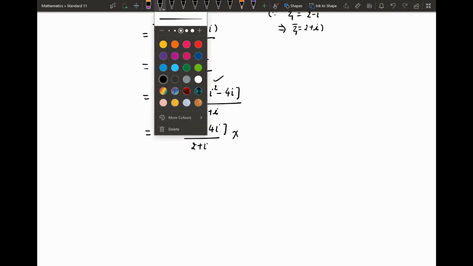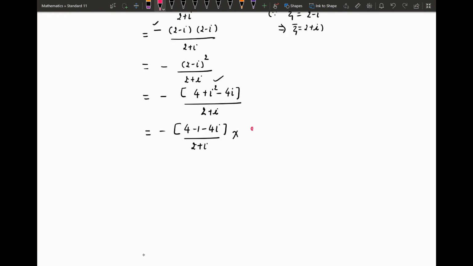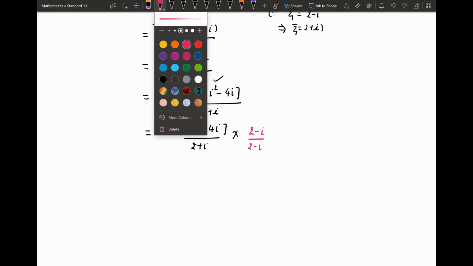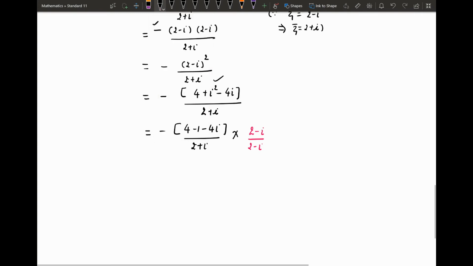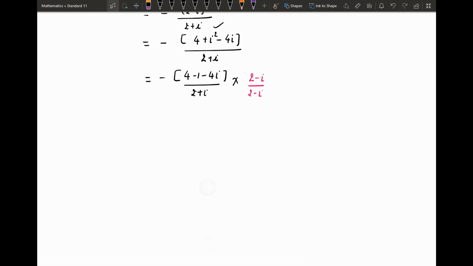Now to convert into standard form, we use conjugate of denominator. For 2 plus i, its conjugate complex number is 2 minus i. So multiplied numerator and denominator by 2 minus i. Now simplification. 4 minus 1, 3 minus 4i, (3 minus 4i) into bracket (2 minus i).